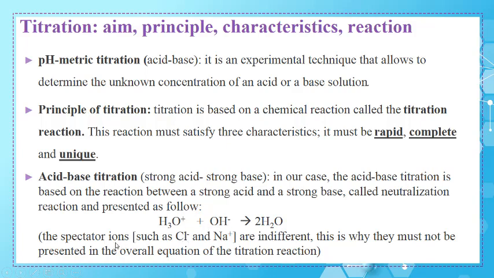This is why we call it spectator or indifferent. Same for Na+, for example, that is attached to NaOH in the sodium hydroxide base. Na+ will also stay in the beaker, but it has nothing to do with the titration reaction. This is why it is an indifferent ion, and we will not represent it in the overall equation of the titration reaction.